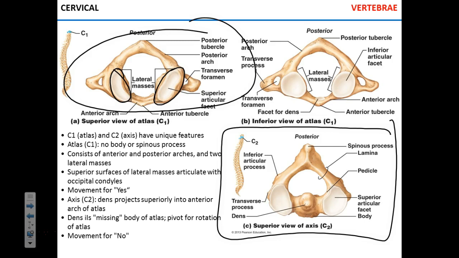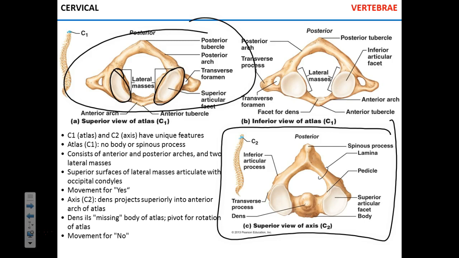Dens is sticking out superiorly. If you take this and the atlas, you will see that dens represents the missing body of atlas.